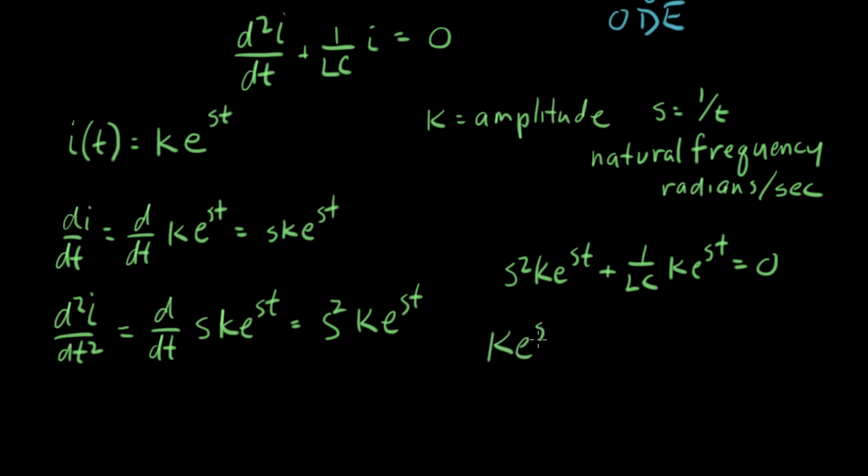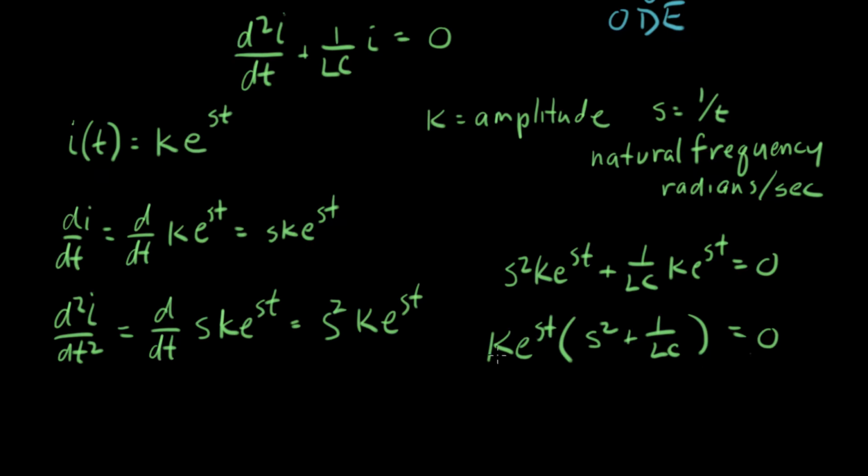K e to the st times what's left: s squared plus 1 over LC equals 0. Okay, how many adjustable parameters do we have here? We have k and s. L and C are constants that are values of our circuit. So we need to find some values of k and s that make this equation 0.